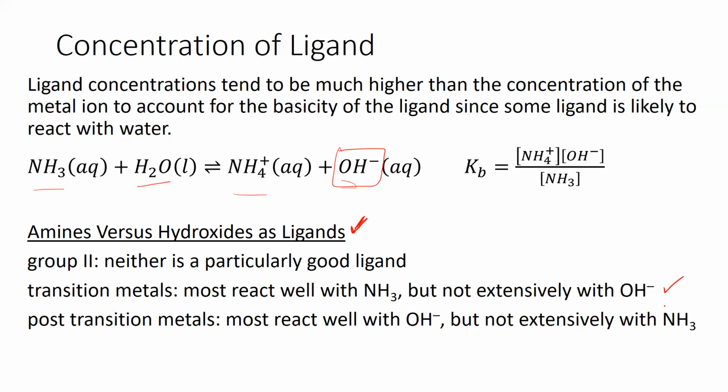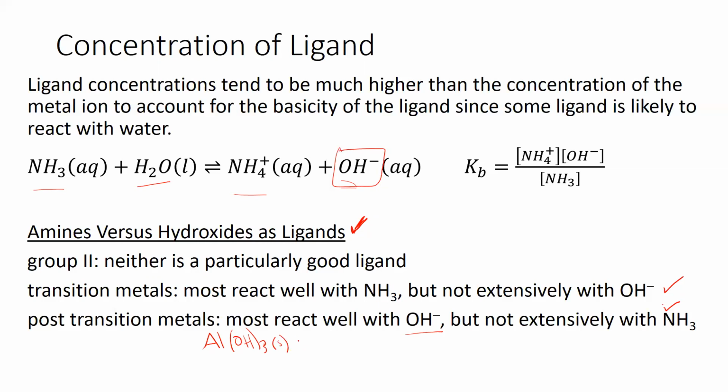Whereas if you look at later transition metals, post-transition metals, things that are in the main group out to the right of the transition metals, those are going to tend to react well with something like a hydroxide, but they won't form these complex ions with something like ammonia quite so well. But for example, aluminum hydroxide forms a complex ion in a kind of an interesting way, where if you think about aluminum hydroxide, right, Al(OH)3 is insoluble for the most part.